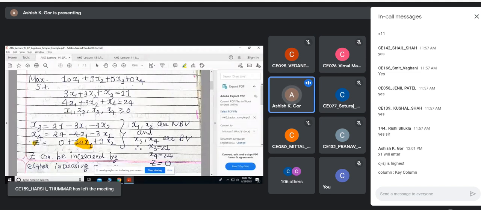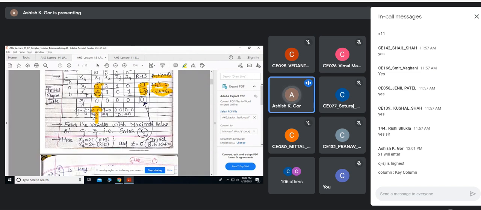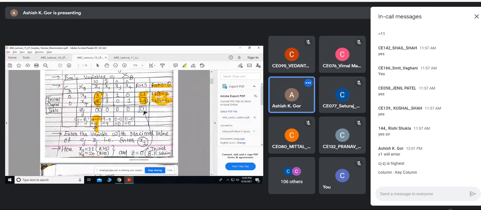So I want to increase there, and that's why my objective is to increase x1. In the same way, here also, x1 is going to enter. You can see the highest value of Cj minus Zj is 10, and so that corresponding variable is going to enter the solution.